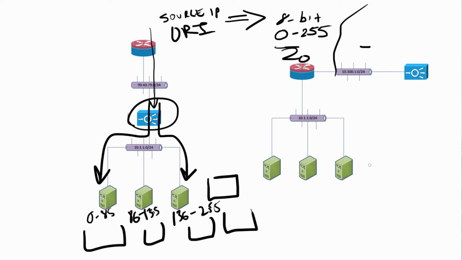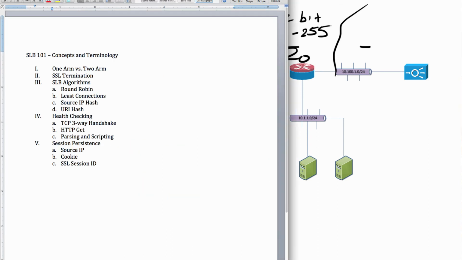All right, so the next thing I want to talk about is health checking. This is a mechanism where the load balancer will test the back-end servers, the server pool, and make sure they're available. Because I don't want to send connections to a server if it's down, obviously. There's a lot of different things you can do to test a server.